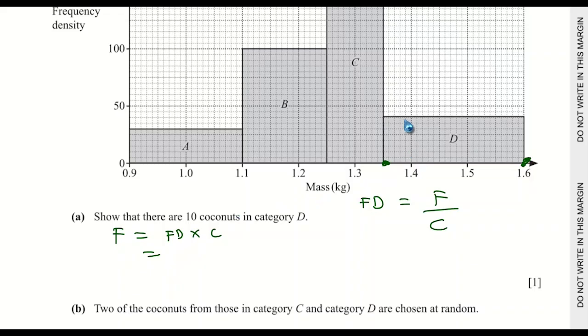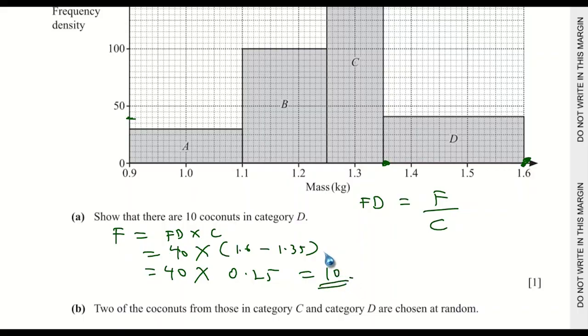In this case, the frequency density is this line here, which is 40. So we have 40 multiplied by the class size, 1.6 minus 1.35, which is equal to 40 multiplied by 0.25, and that is 10. Okay, so there are 10 coconuts in category D.